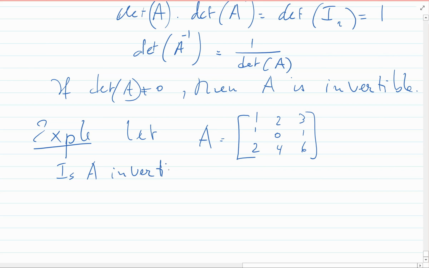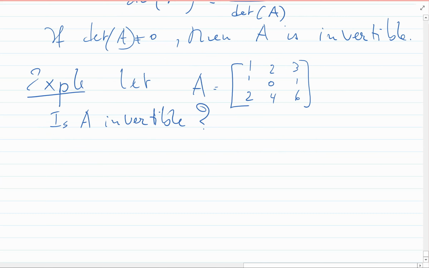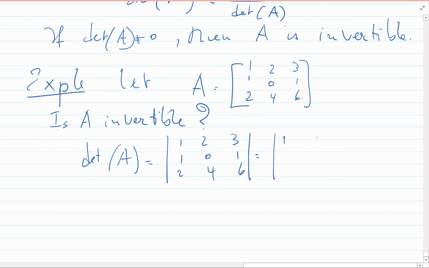One way to do this, if we have a machine to compute the determinant, is very quick. So here, let us take the determinant of A. We have 1, 1, 2; 2, 0, 4; 3, 1, 6. Let's take row 2 minus 2 times row 1: 0, minus 2, 0.